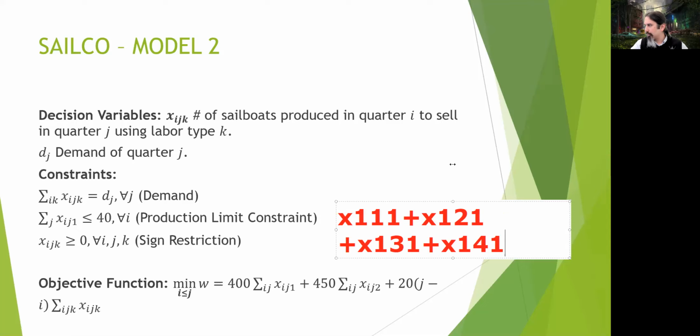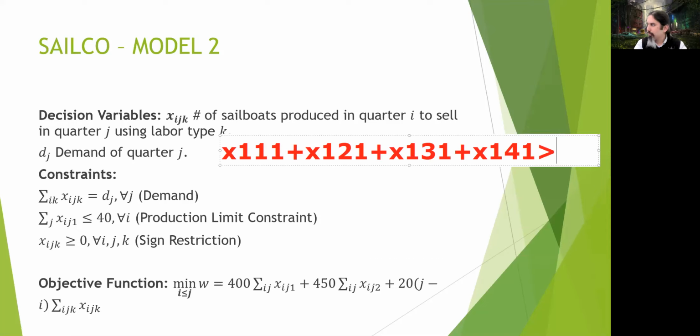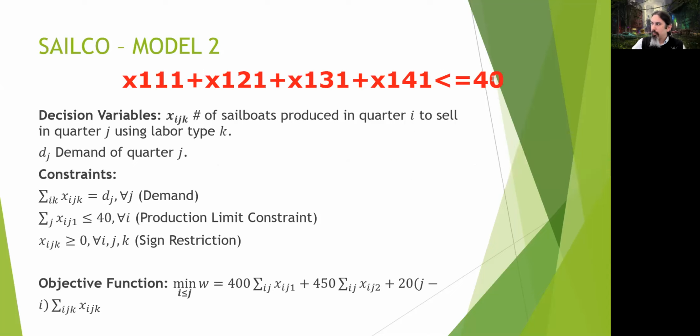Let me just get it bigger, which is going to be less than or equal to 40. Now, when you take a look over here, you can see that it's all for i is equal to 1, and we are summing all the j values, 1, 2, 3, 4, when k is equal to 1.